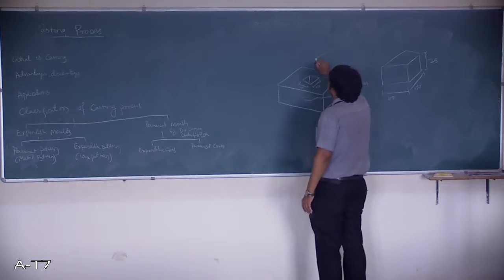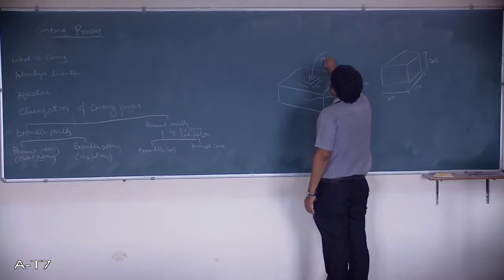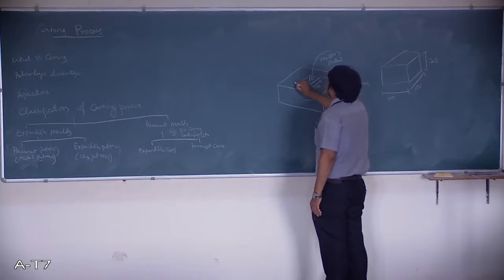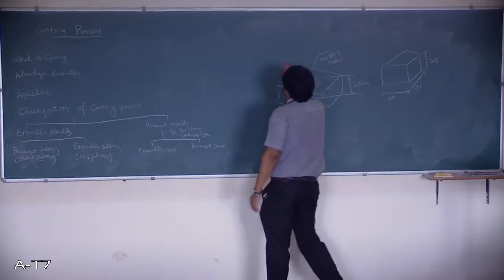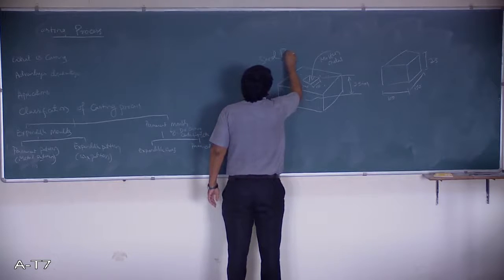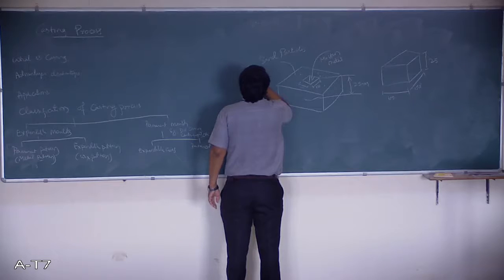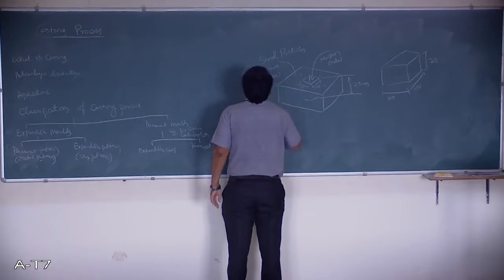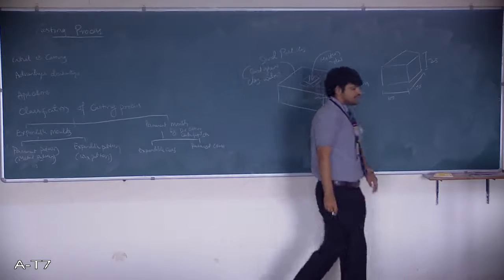So what we are going to do is, we are going to pour molten metal. These are the sand particles. This consists of sand grains, clay, water. Okay. So this is the most simple example I am giving.